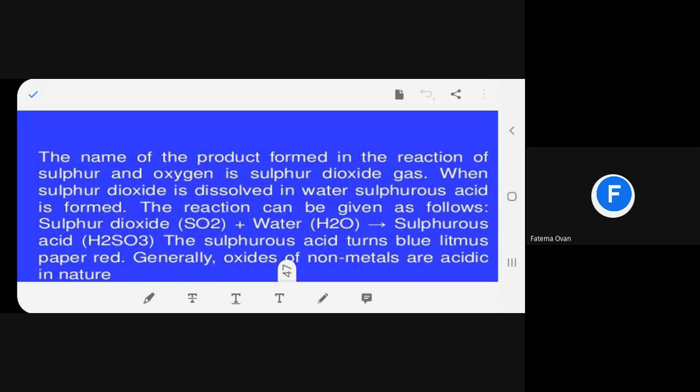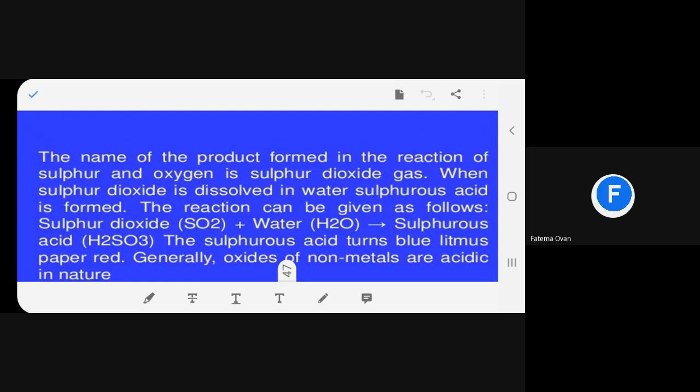Can I read, ma'am? Yes, Fatima. The name of the product formed in the reaction of sulfur and oxygen is sulfur dioxide gas. When sulfur dioxide is dissolved in water, sulfurous acid is formed.